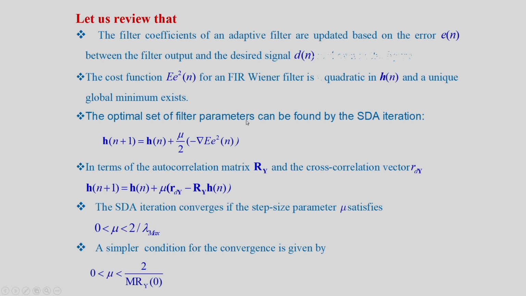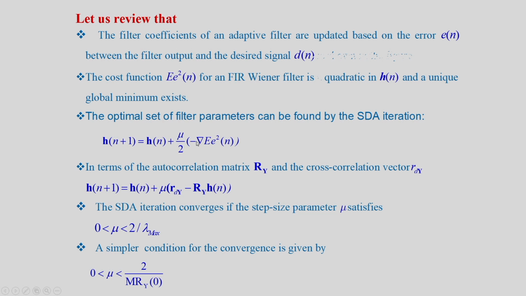The optimal set of filter parameters can be found by the SDA, steepest descent algorithm, iteration, which is given by h[n+1] = h[n] + (mu/2) times the negative of the gradient of E[e²], and this is the steepest descent iteration.